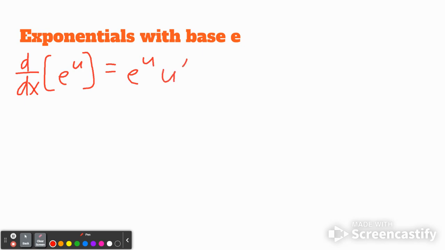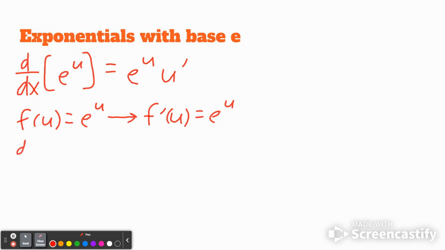And this is very similar to the natural log of u. We can apply the chain rule to find this. So if we set, say, f of u equal to e to the u, that would mean that f prime of u is also equal to e to the u.